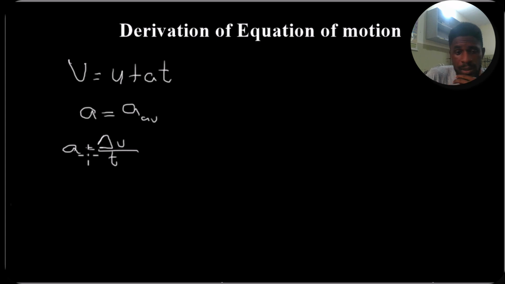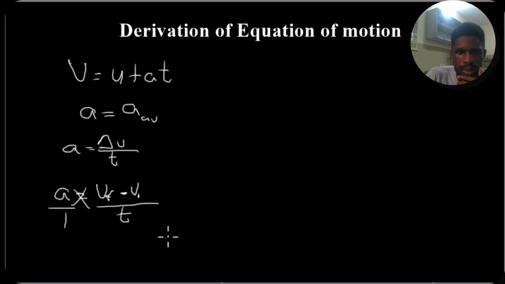So if we are to expound this, we have a will be equal to delta v, simply saying final velocity Vf minus initial velocity Vi all over t. And then if I were to cross multiply, this should be over 1. We have at is equal to V final minus V initial.